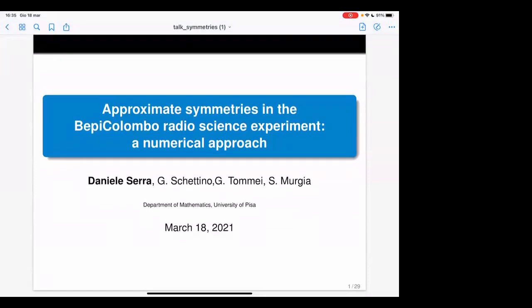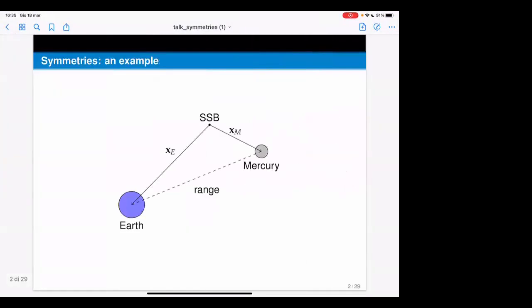So let us start with an example before going into the detail. Let us consider this situation. We have the Earth, Mercury, the solar system barycenter, and let us consider the vectors xe, the position of the Earth with respect to the SSB, and xm, the position of Mercury with respect to the SSB. The range is simply the distance between the centers of the Earth and Mercury.